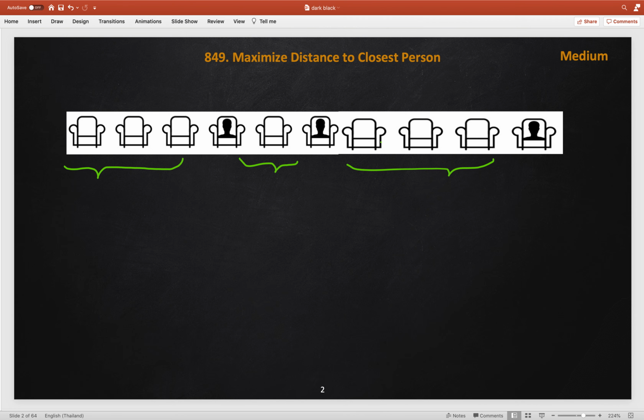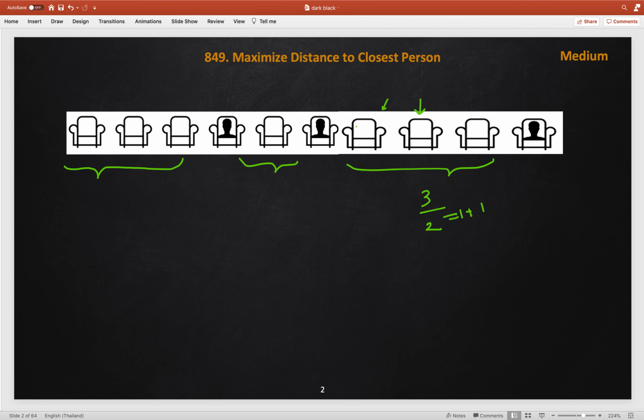So we have 3 persons. Now Alex can sit over here. If Alex sits over here, then the maximum distance from the closest person is 1. So the best possible position in the empty place is this, Alex will sit over here. This will be calculated like 3 divided by 2, which is 1, then we need to add plus 1.